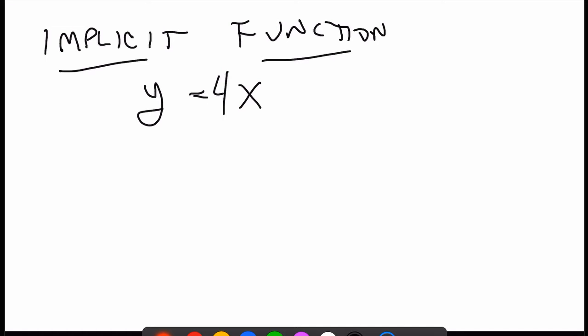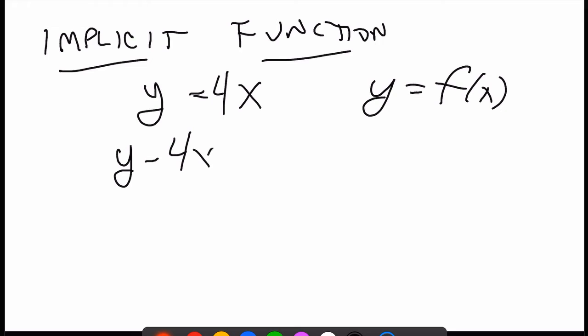I could also write that function out as, well, y is a function of x, right? I can also write that function out as y minus 4x equals 0. Right? So I can say y minus this f of x equals 0. Now you're saying, why would I want to do that? Well, I wouldn't.